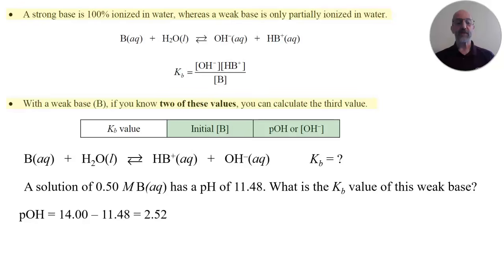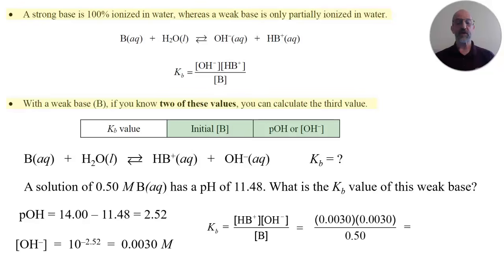Let's go ahead and remember that pH and pOH are not the same thing. So 14 minus 11.48 is a pOH of 2.52. 10 to the minus 2.52 will give me not only the concentration of the hydroxide ion, but also the concentration of that conjugate acid HB+. So my numerator would be 0.003 squared.